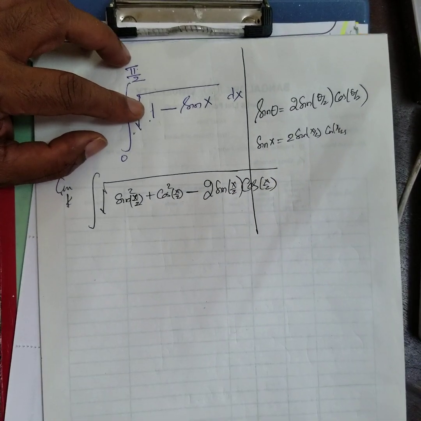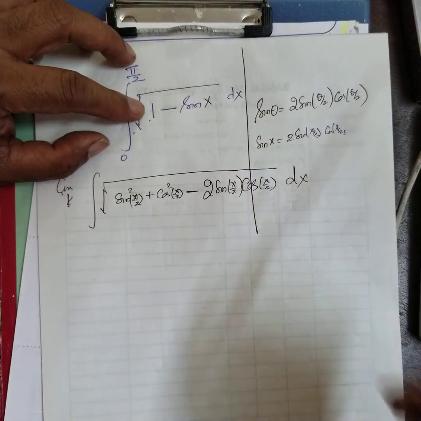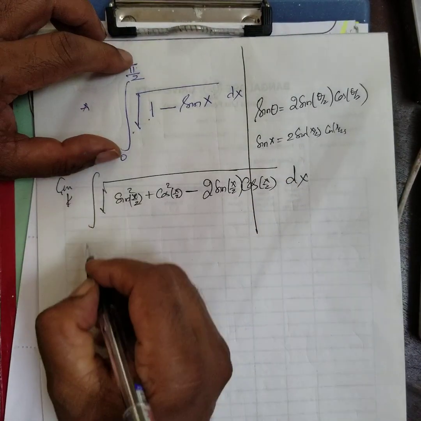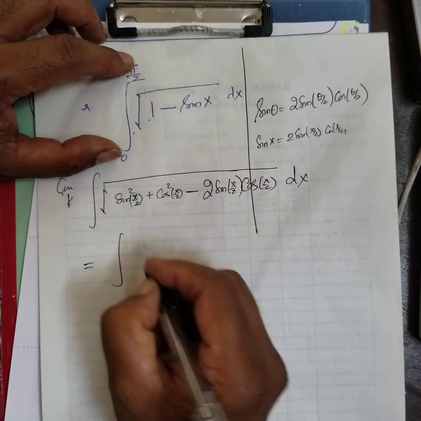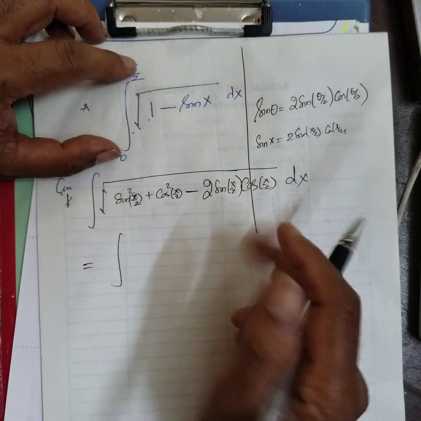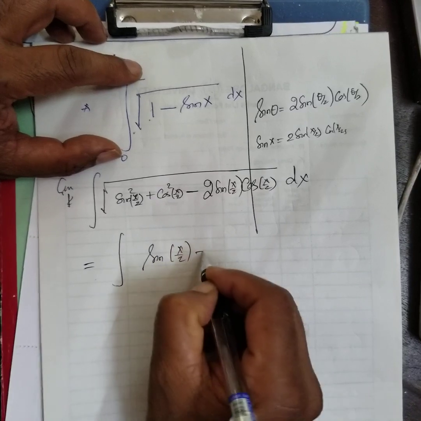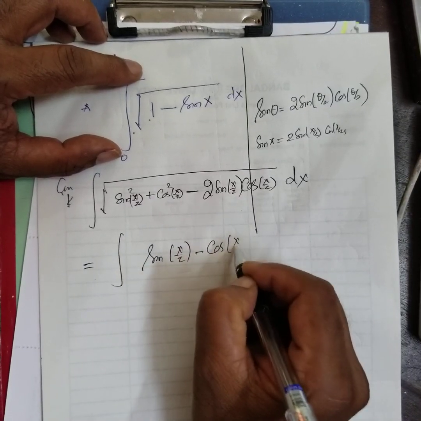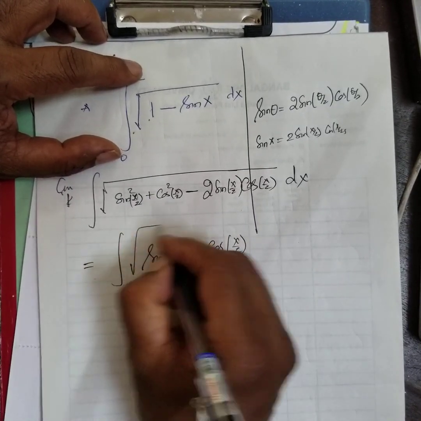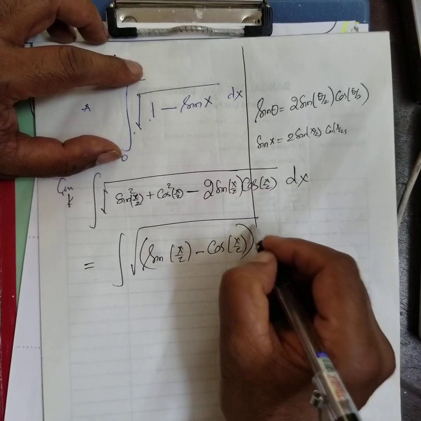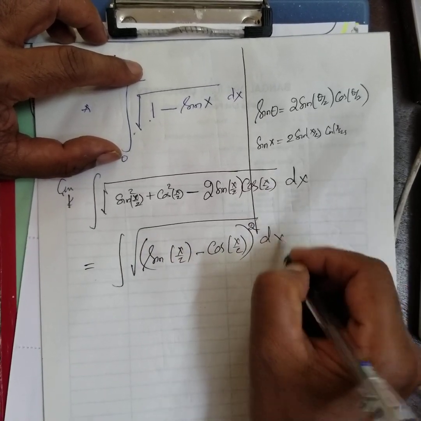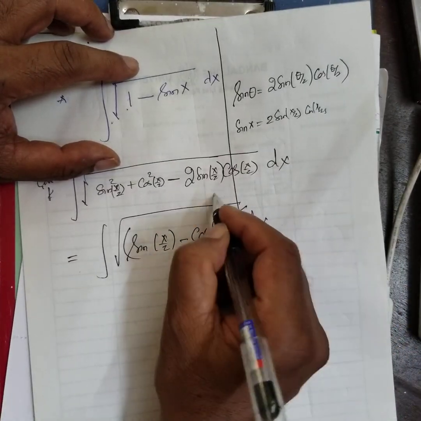Can I write like that? Into dx. Then what do you write? a square plus b square minus 2ab. Therefore, (sin x by 2 minus cos x by 2) whole square dx. The square root gets cancelled.